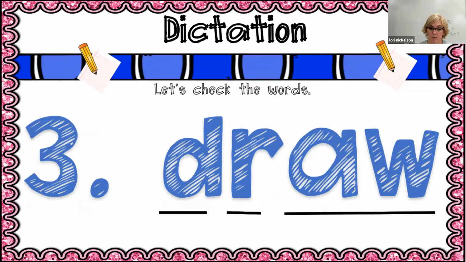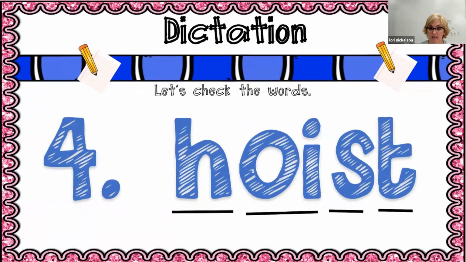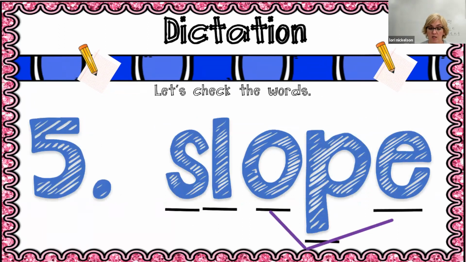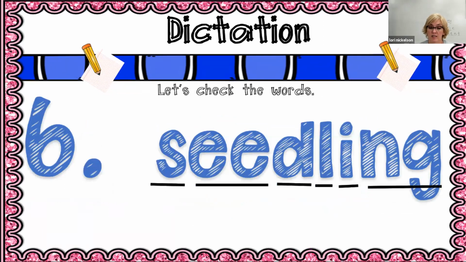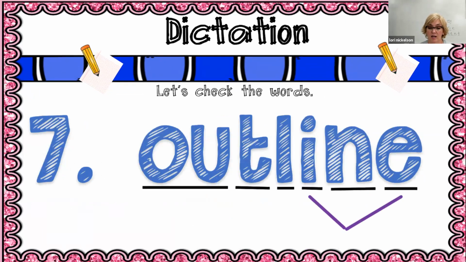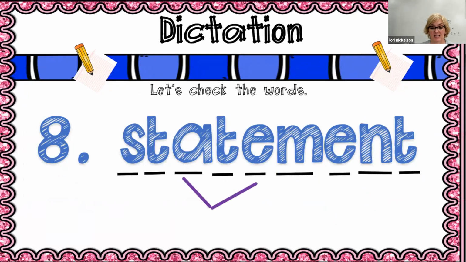Draw, we did that one. Hoist, the OI together. Slope, because that O was long. Seedling, we had the double E there for seedling, didn't we? Outline, the OU was together for out and the I was long. Statement, you had that A was long.